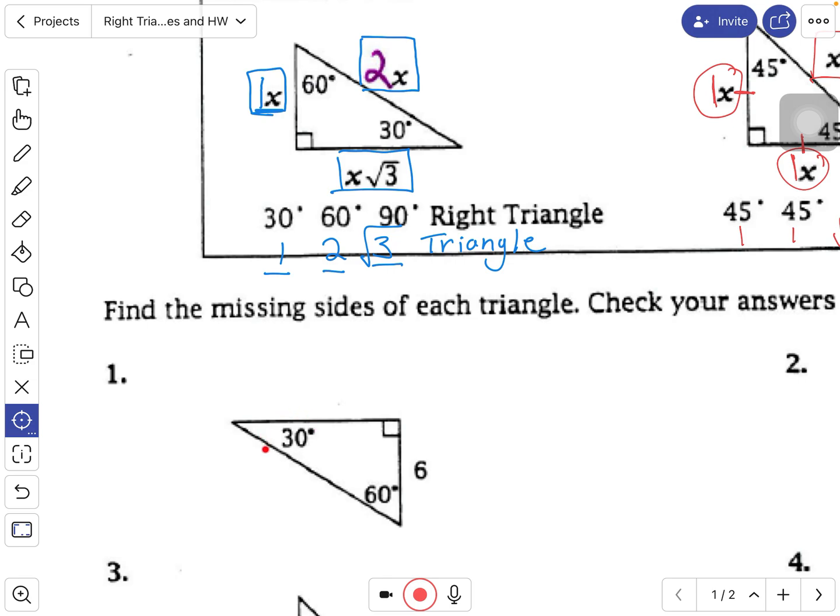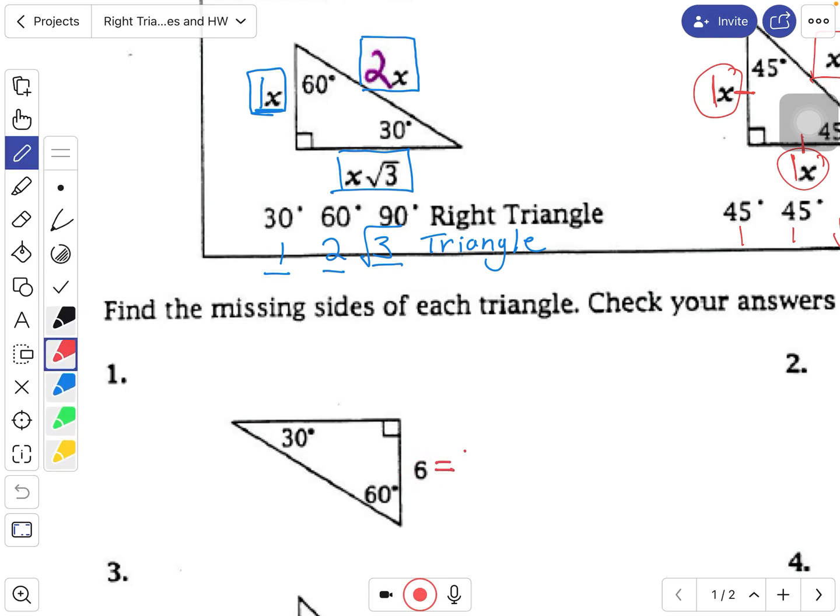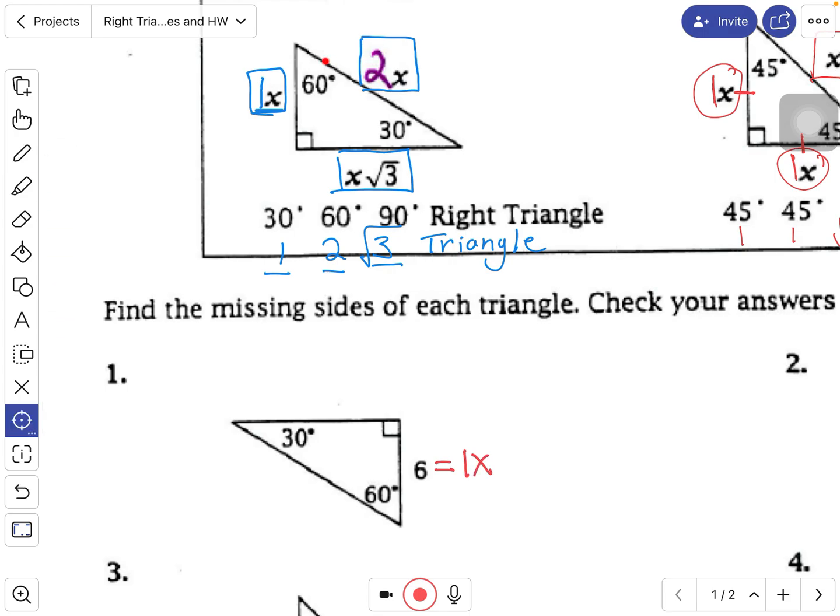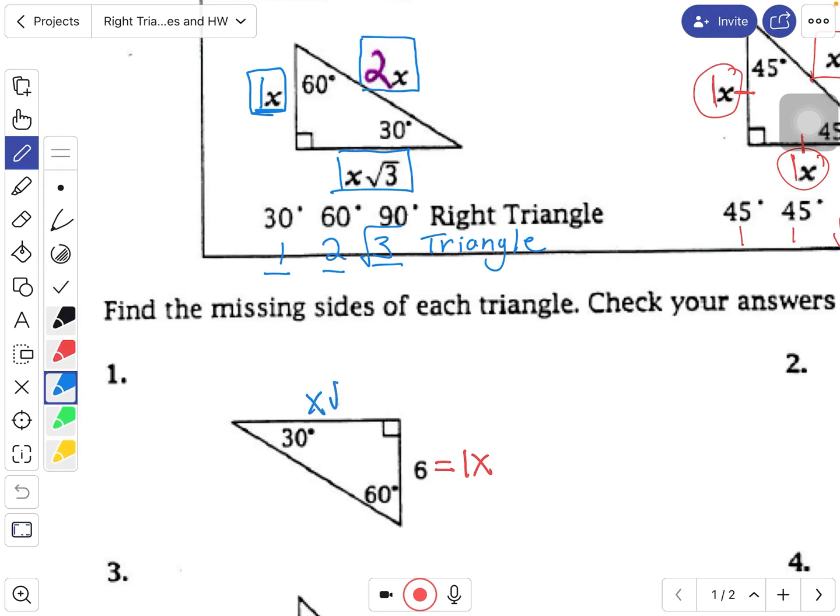So I'll locate my 30-degree angle on problem number 1, and I'll go all the way across from it. What they're telling me right here in this problem is that 6 is 1x. The side across from your 60-degree angle, we mark that with x root 3. So this will be x square roots of 3, and then our hypotenuse gets to be 2x.